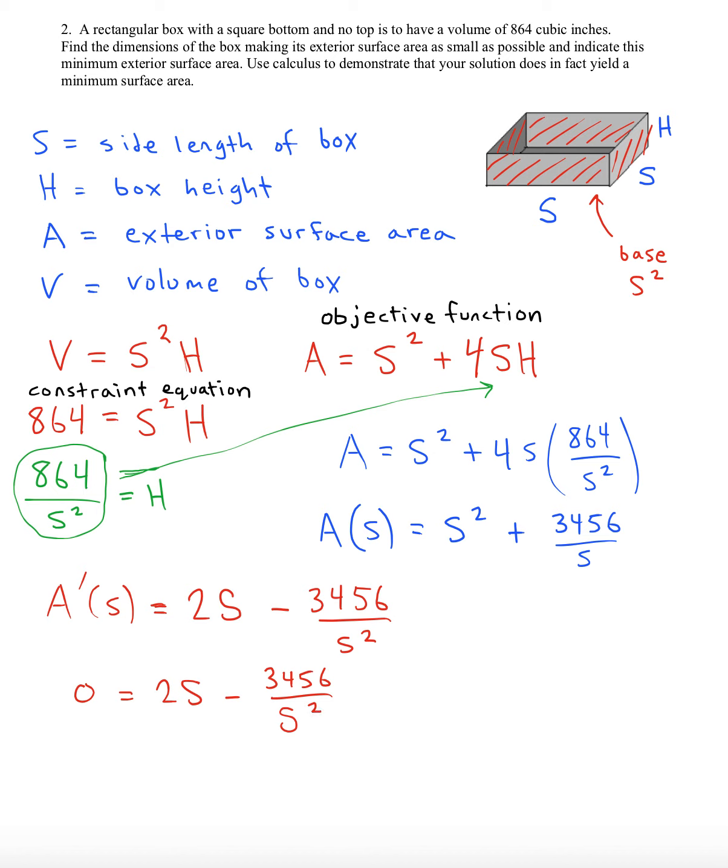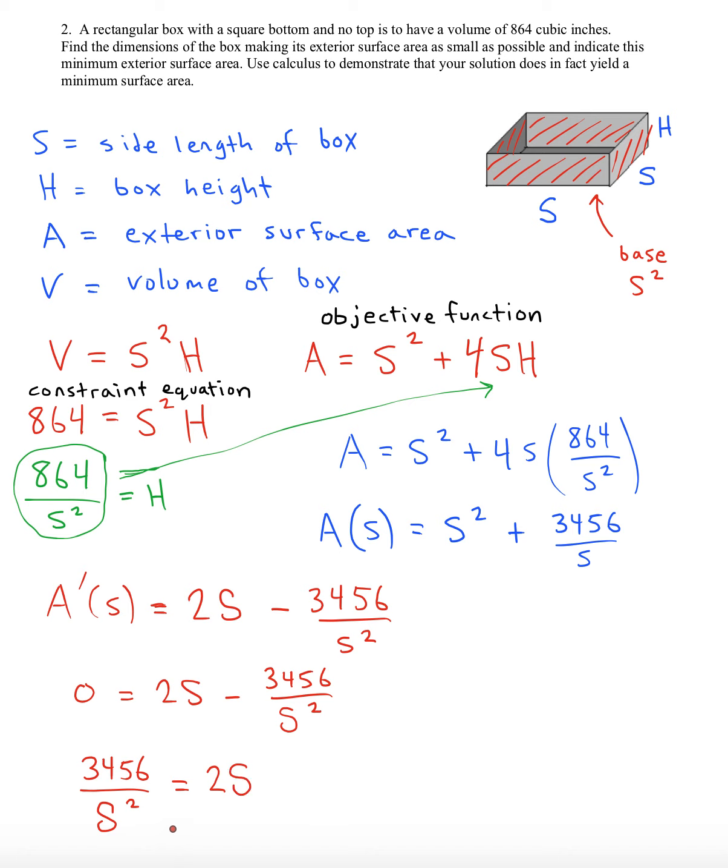Now we'll try to solve for the S where the derivative is 0. So let's have 3456 over S squared equals 2S.